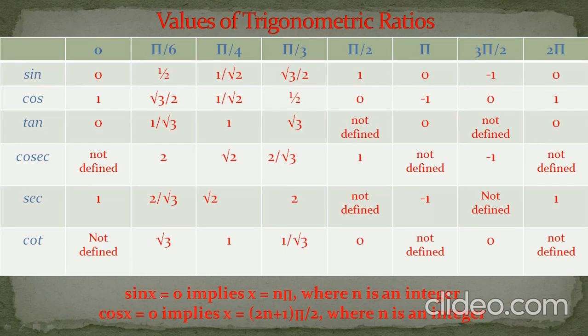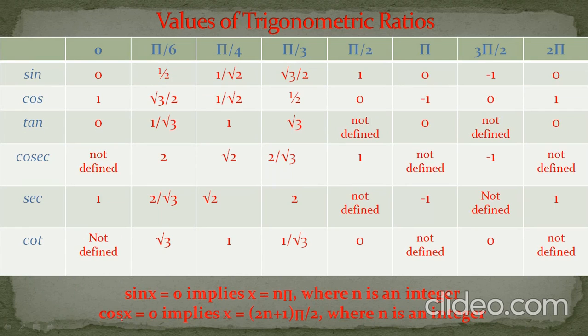And if we put other values also like 3 pi, 4 pi and negative also, minus pi, minus 2 pi, minus 3 pi, on all those values sin x will be 0. So in general we can say if sin x is 0, then this implies x will be equal to n pi, where n is an integer.